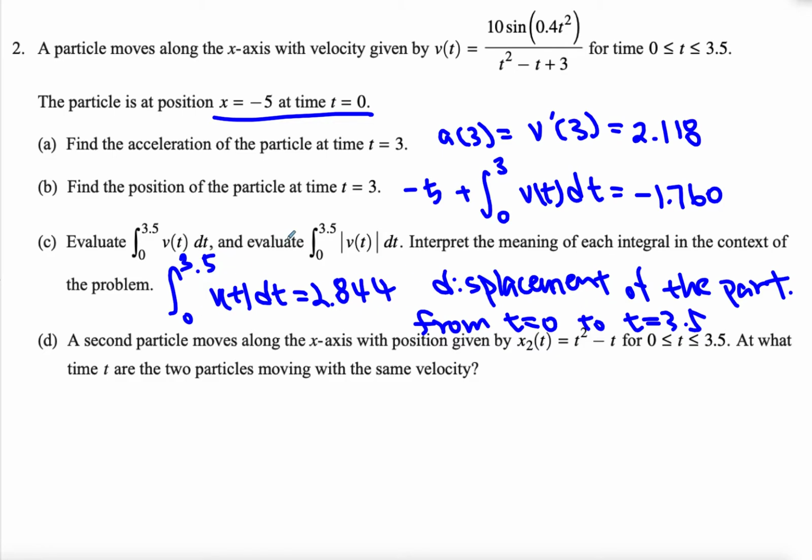Now let's do the second part here, and then I'm going to write down the solution. 0 through 3.5, absolute value of v of t. You see, absolute value talks about the speed.